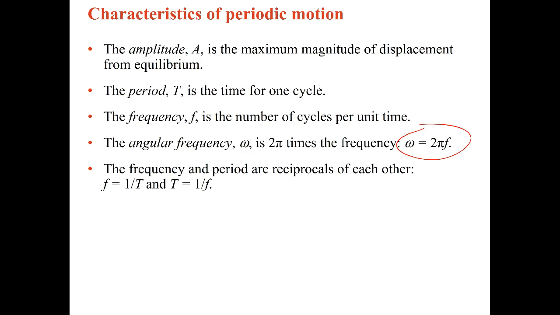So for example, if I have a periodic motion that has a frequency of 5, so it's happening 5 times per second, then the period for one of these will be 1/5 or 0.2 seconds.